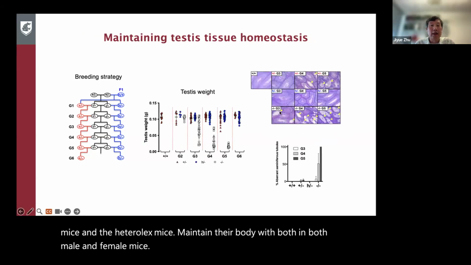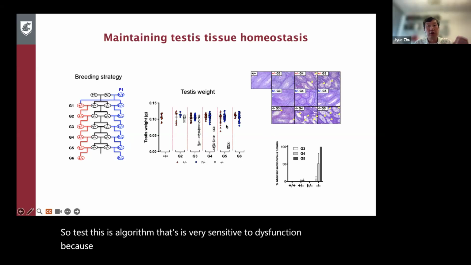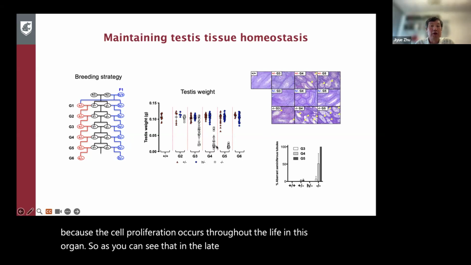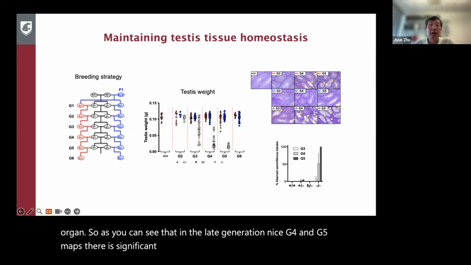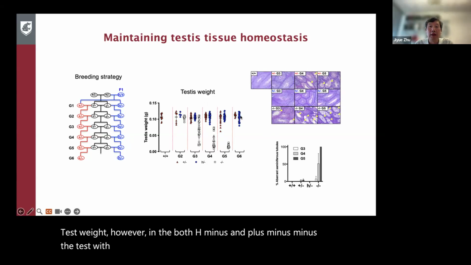Testis is an organ that is very sensitive to telomere dysfunction, because cell proliferation occurs throughout life in this organ. As you can see, in the late generation mice, G4 and G5 mice, there is significantly reduced testis weight. However, in both H minus and plus minus, the testis weight is maintained at the normal level.